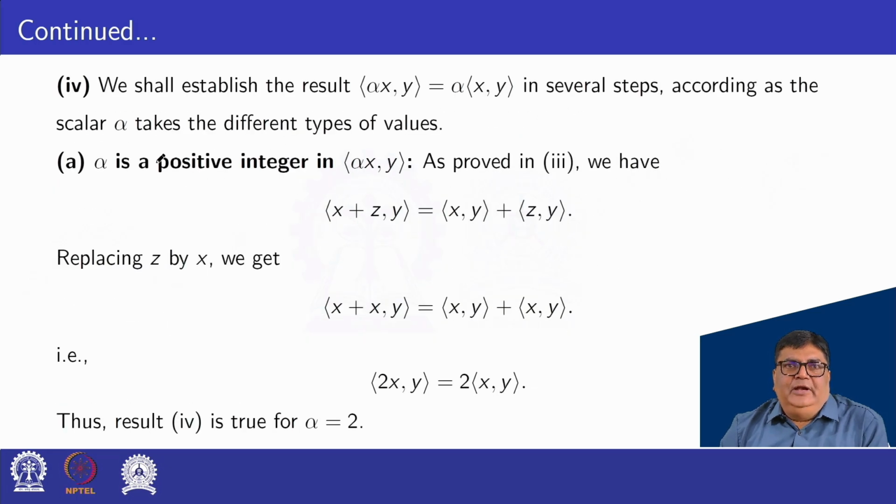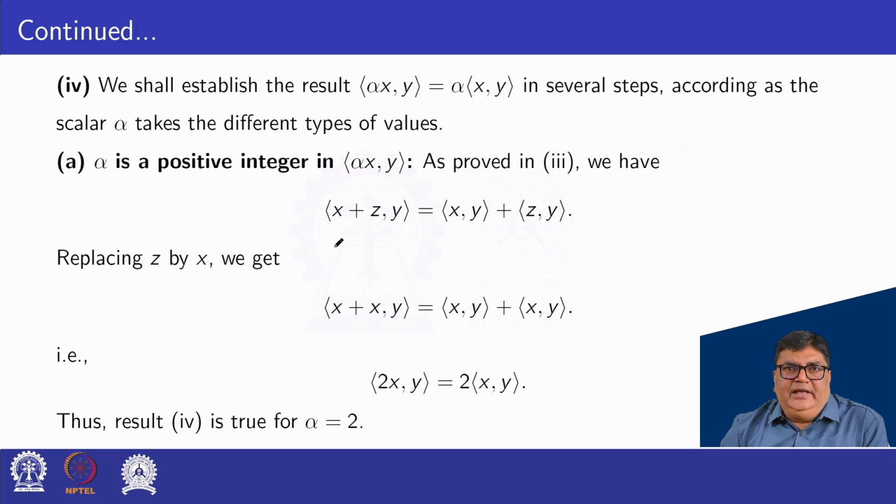Okay, suppose alpha is a positive integer in inner product of (alpha x, y). As proved in the third, we have inner product of (x plus z, y) equals inner product of (x, y) plus inner product of (z, y).